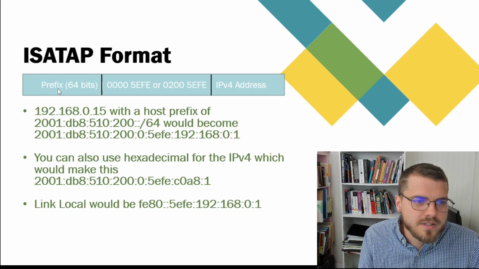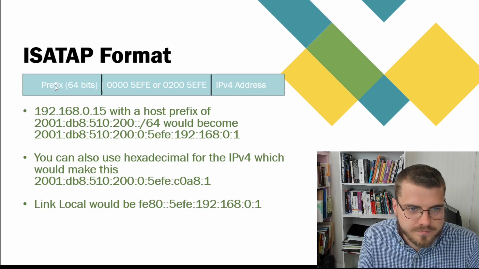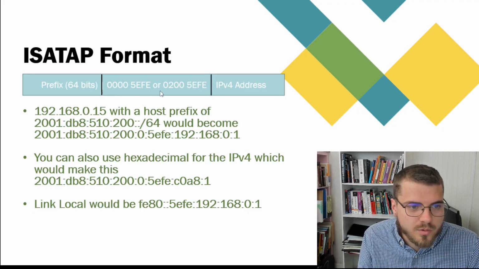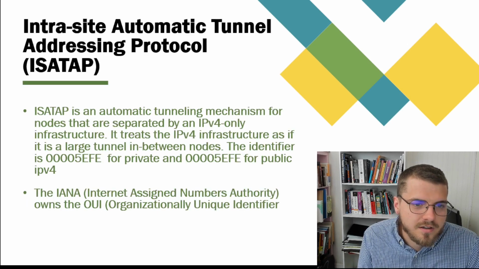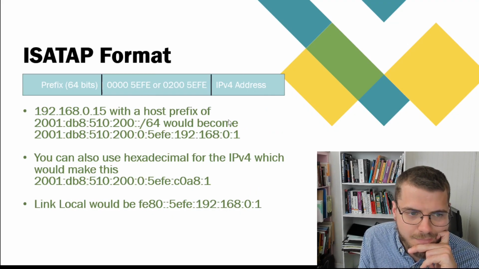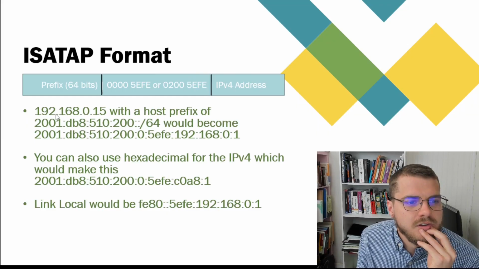So the prefix, 64 bits, then it has the 005EFE or 02005EFE. One is for private, one is for public. I'm almost sure that 2 is for public, even though I have it written wrong here. And then it has the IPv4 address.